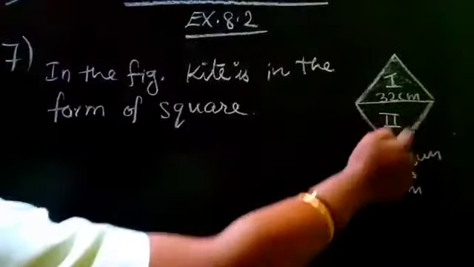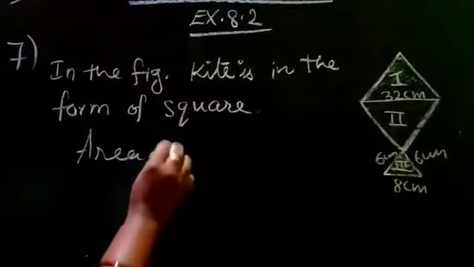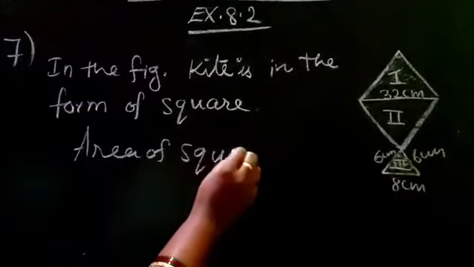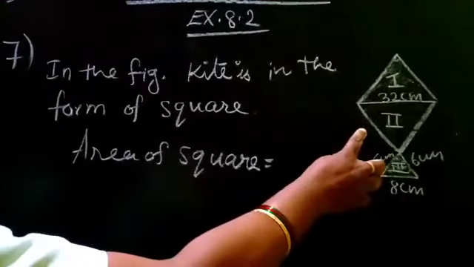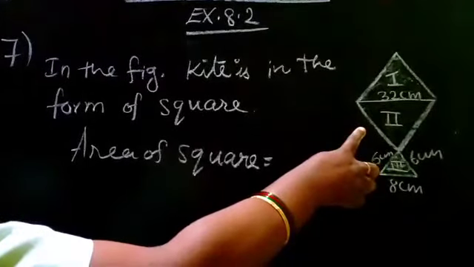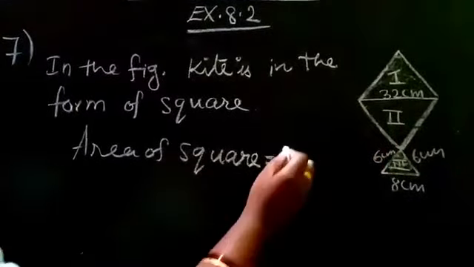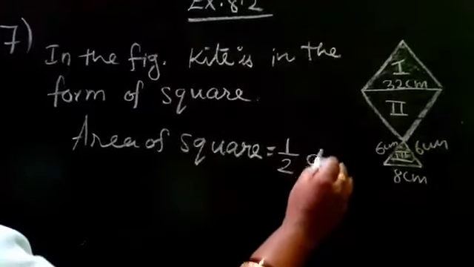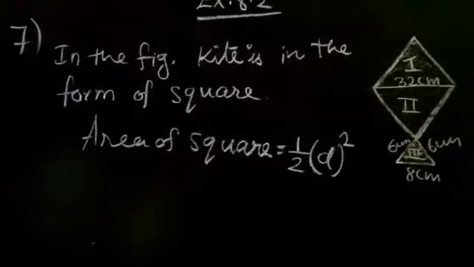So we have to find the area of the square. If they gave the side, we have the a into a formula, but they gave only the diagonal, so the formula is half into diagonal squared.